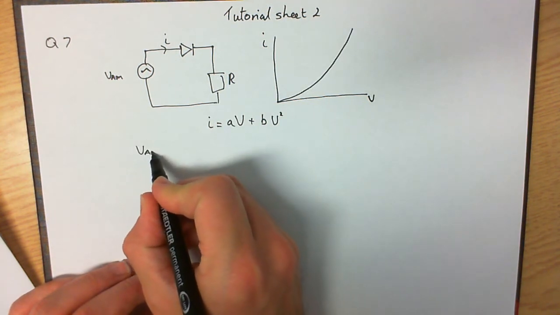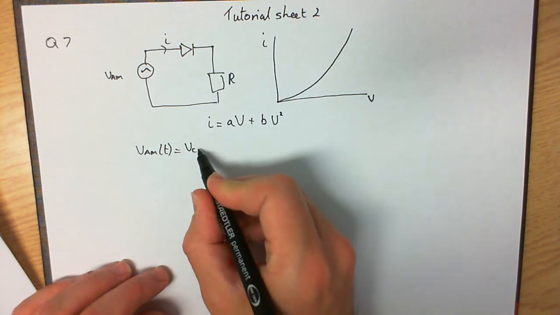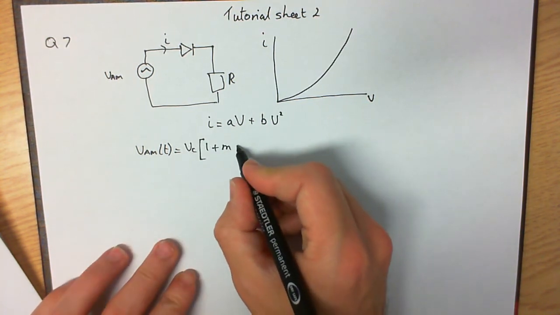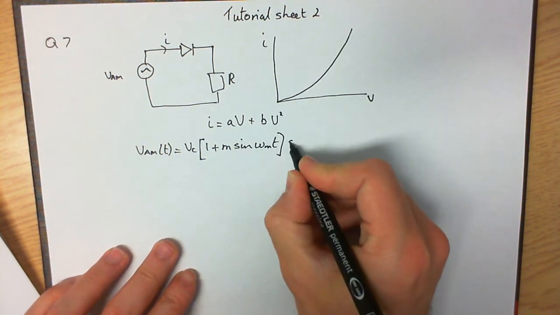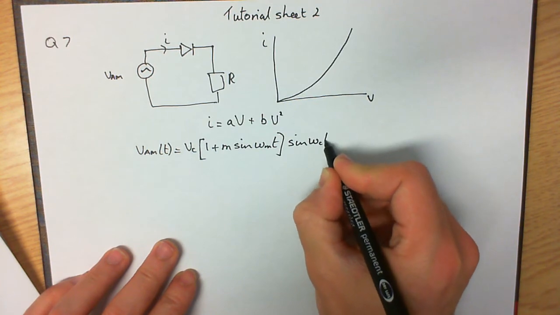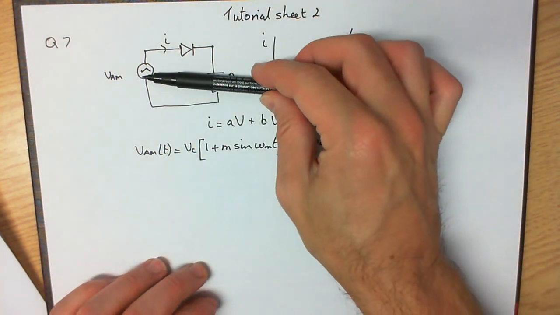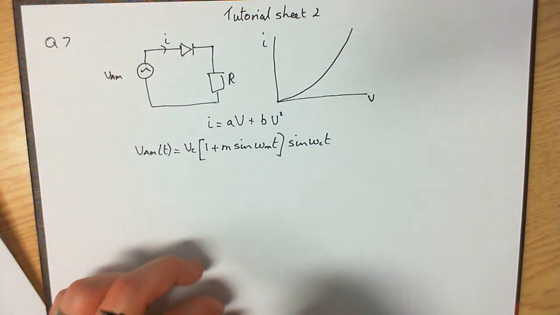So VAM as a function of time, as we know, is VC (1 + m sin ωm t) sin ωc t. What we're doing is putting this equation into this circuit and expanding this.